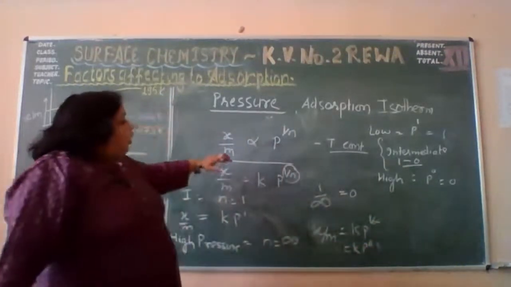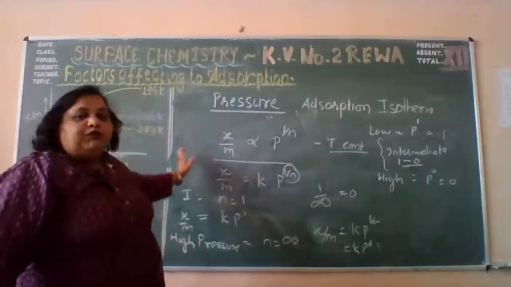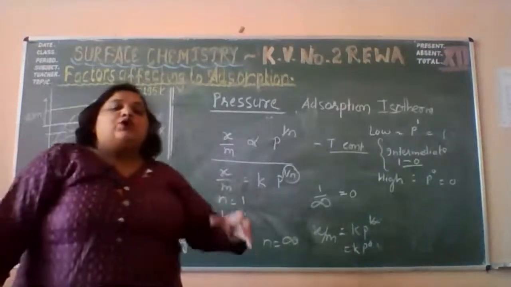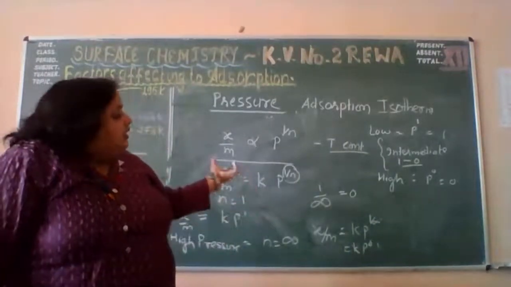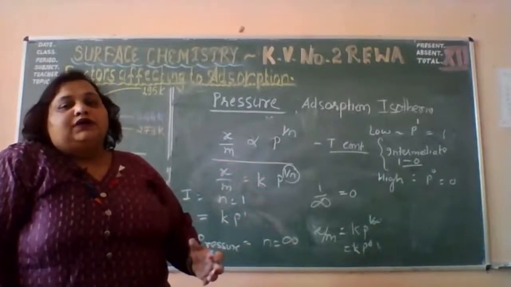And in all the other cases, from the low pressure, from the beginning condition to the high pressure, when the adsorption becomes constant, the value will be any integer number.